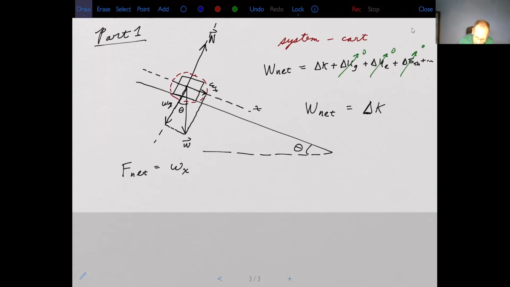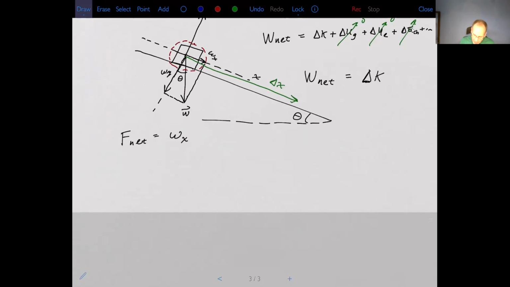And we know that this cart is undergoing a displacement down the air track. In fact, you can call this delta x now, instead of delta r. So using the work energy theorem, I know that the net work is equal to, in this case, the change in kinetic energy.